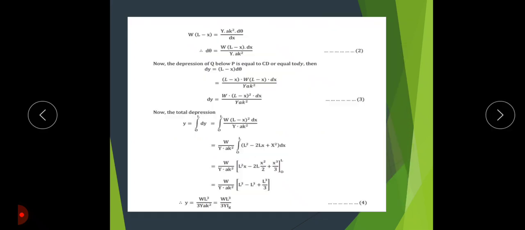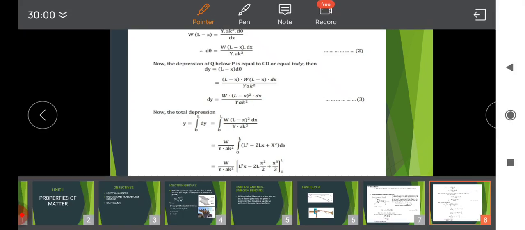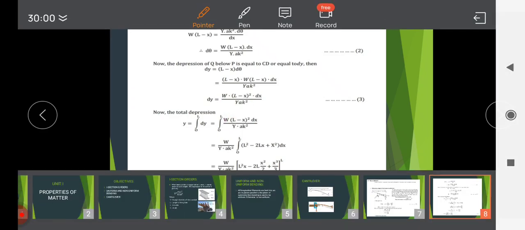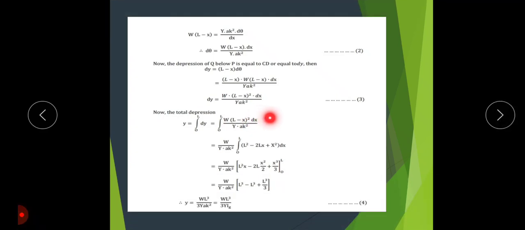Then next, on integrating, we get the expression as y is equal to the integration from 0 to L of dy, which is equal to the integration from 0 to L. Here dy consists of w into L minus x whole square into dx divided by Y into A k square.